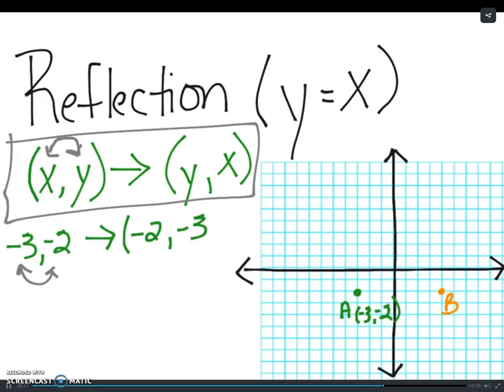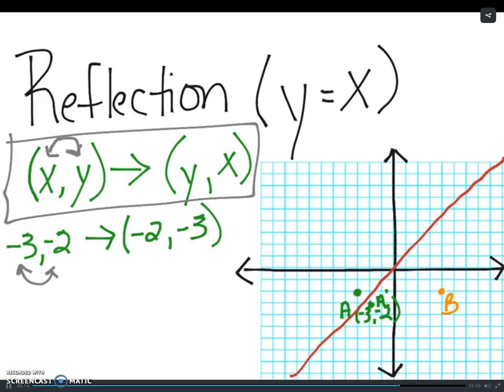Okay? So let's try graphing that. That would be back 2 and down 1, 2, 3. And this one actually ends up really close to the other one. And again, our line of reflection here is right through here. So those are just really close to that line. Okay.